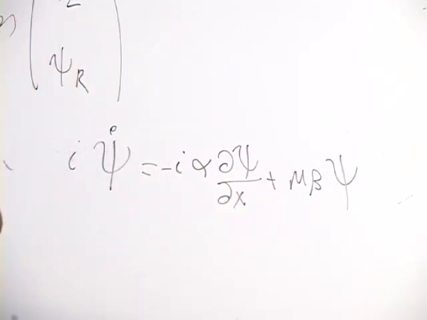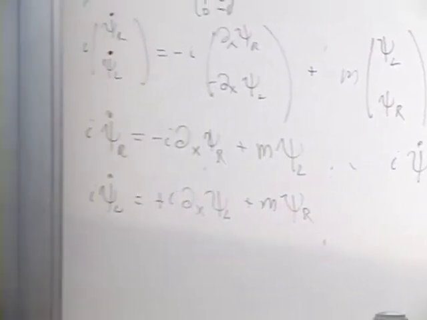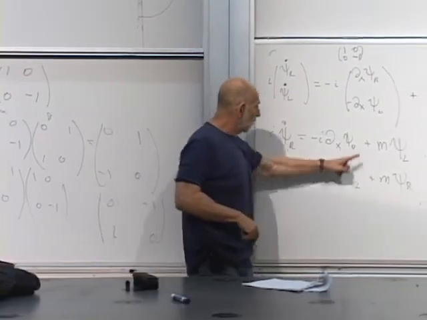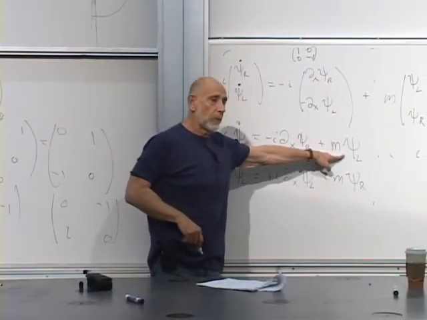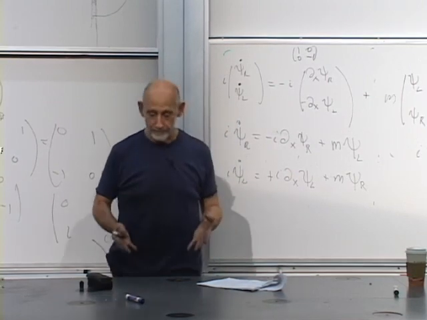And beta interchanges psi left and psi right, so these equations become coupled equations. The left and the right movers become coupled. That's what a mass term does. Very strange. Nobody would have expected this before Dirac, that somehow what a mass for an electron is, is a term in the equation for psi right which is proportional to psi left, and a term for psi left which is proportional to psi right.